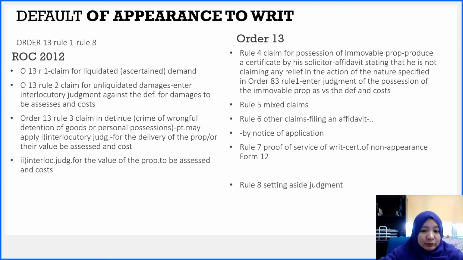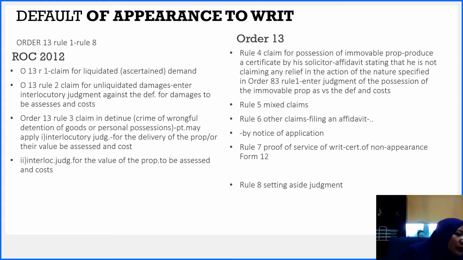The plaintiff must file the Form 12 non-appearance, and either an affidavit filed on behalf of the plaintiff proving due service on the defendant, or the plaintiff produces the writ endorsed by the defendant's solicitor with a statement that he accepts service of the writ on behalf of the defendant.